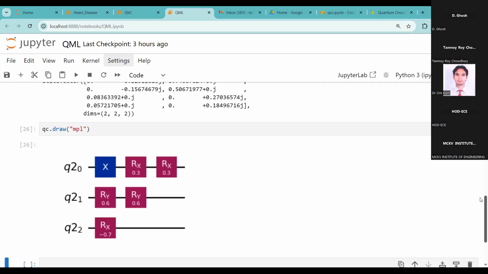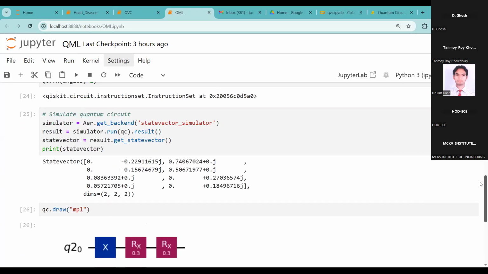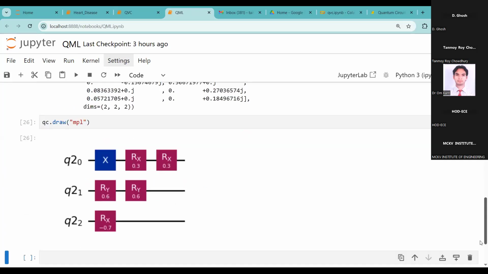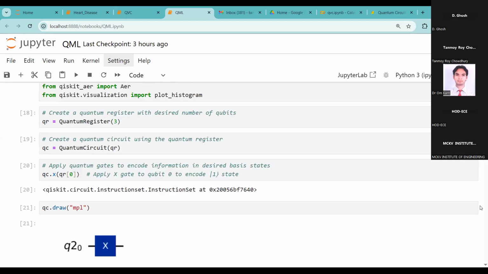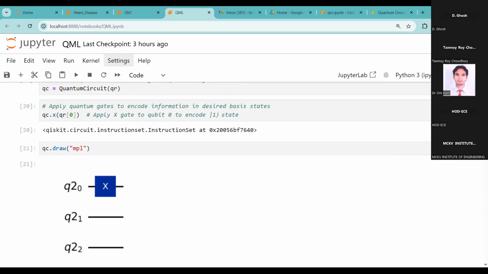So this is what you have. So you see the circuit, and I'm getting the state vector. That is, what is the state of the final output? If I do all these operations on these qubits, what is the output? This is what I'm getting. Now I'm going to make things simple. What I'm going to do is, let's remove this.